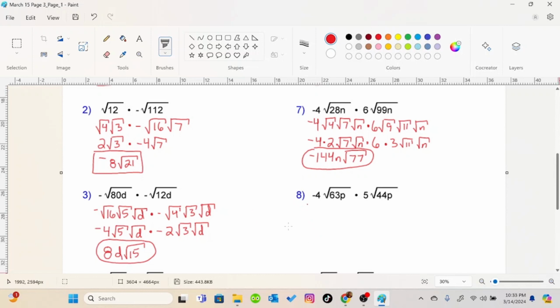Number 8. The square root of 63p can be rewritten as the square root of 9 times the square root of 7 times the square root of p.